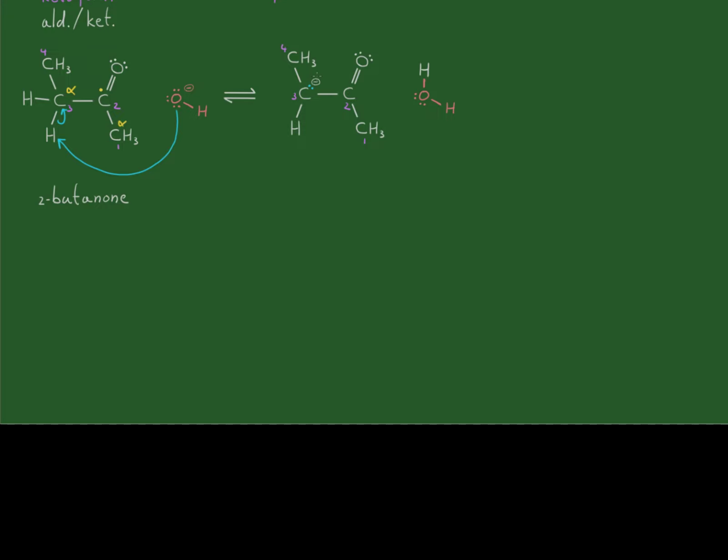So the lone pair electrons on carbon number 3 will end up forming a pi bond between carbon 3 and carbon 2. The lone pairs of the electrons on the carbonyl will be attracted to the hydrogen on the water molecule, and the electrons of the pi bond between carbon and oxygen will move up onto the oxygen.